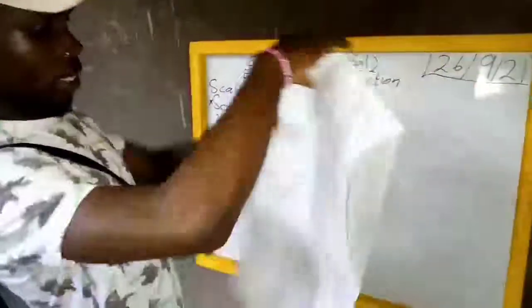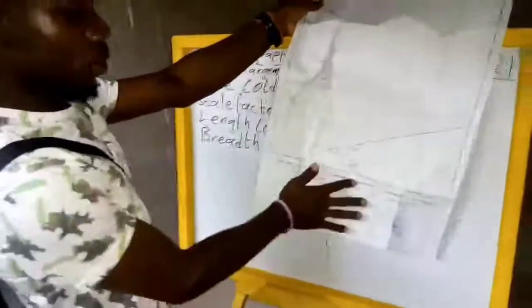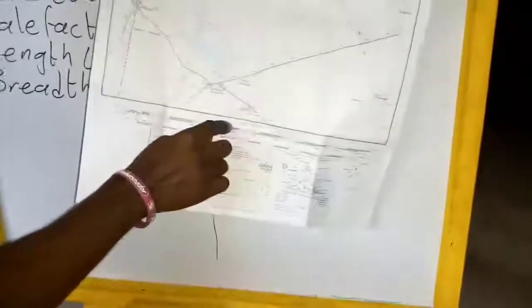On a given map, for instance, there is always the old scale. Here is the scale, in the RF, that's the representative fraction, and this is the linear scale. Then your length: in case you are told to reduce or enlarge the whole map outline, you start from here.